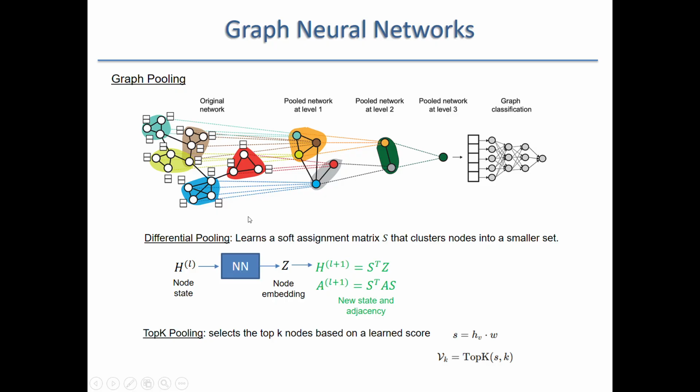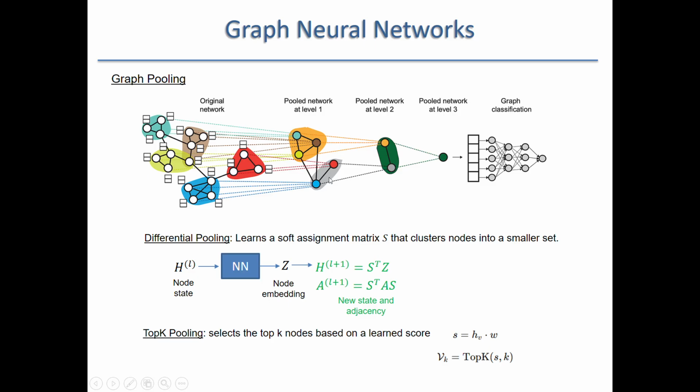Another way of doing graph pooling is the following. This is the original graph. We have subgraphs, and these subgraphs are represented here, this subgraph is represented there, and so on.